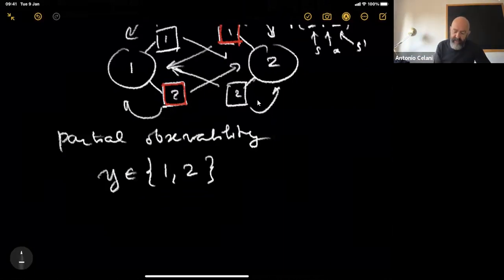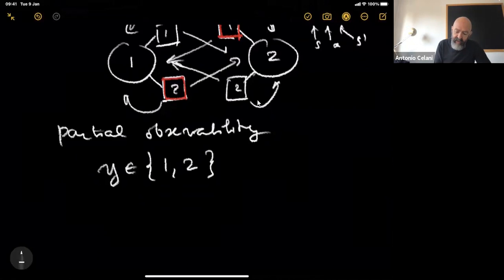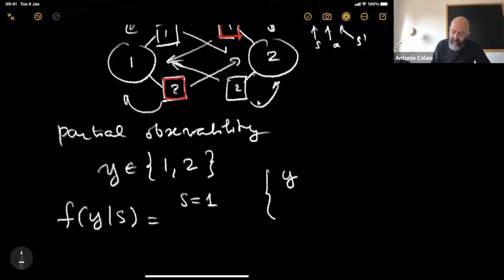What do I mean by that? I mean that I'm now introducing, for instance, this very simple model. So let's say that the probability of having an observation y given s is like this. First, if s equals 1, I have y equals 1 with probability 1 minus epsilon, and y equals 2 with probability epsilon.